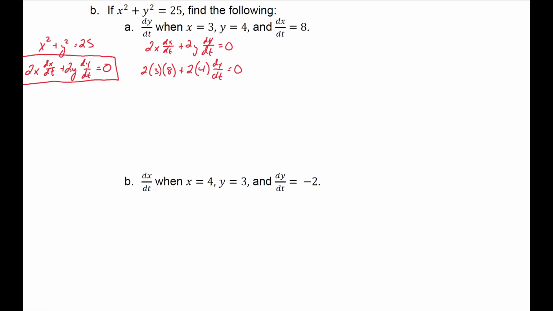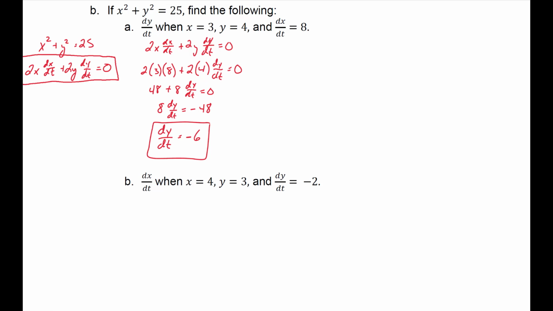So 2 times 3 times 8 is 48, and 4 times 2 is 8, so 48 plus 8 dy/dt equals 0. Subtract 48 from both sides, so 8 dy/dt is equal to negative 48. Now divide by 8 on both sides, and we end up with dy/dt equals negative 6.